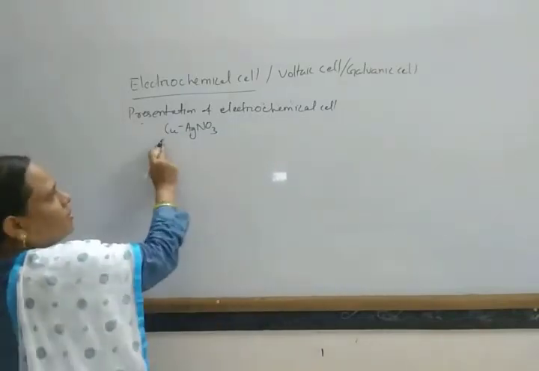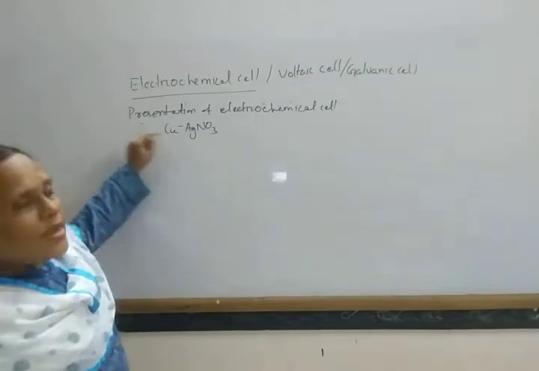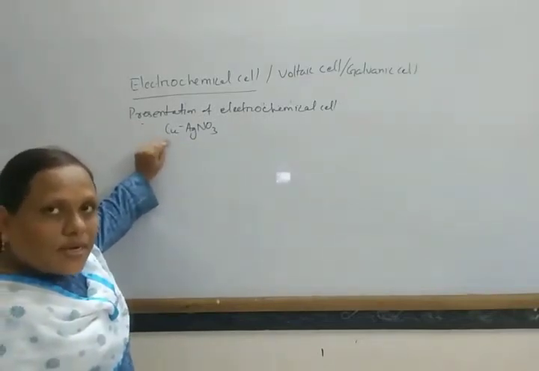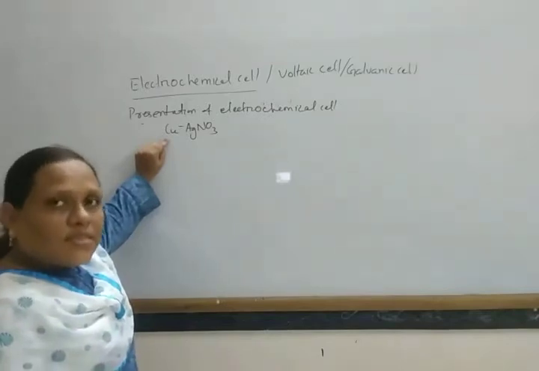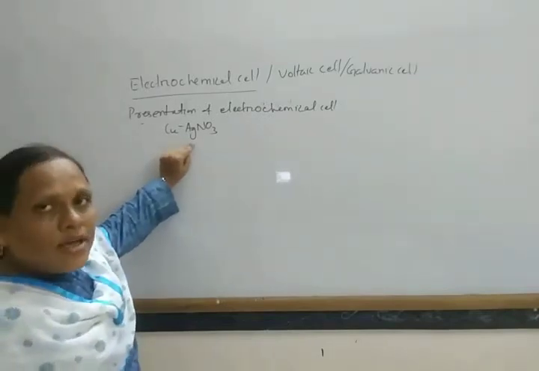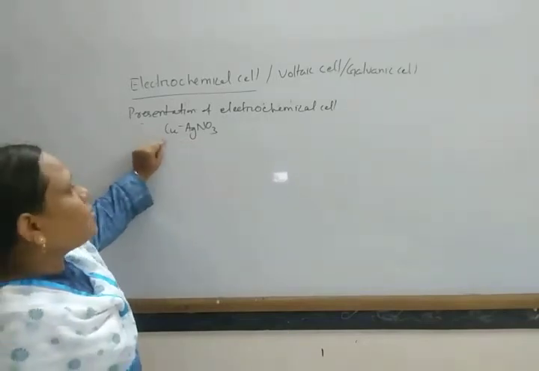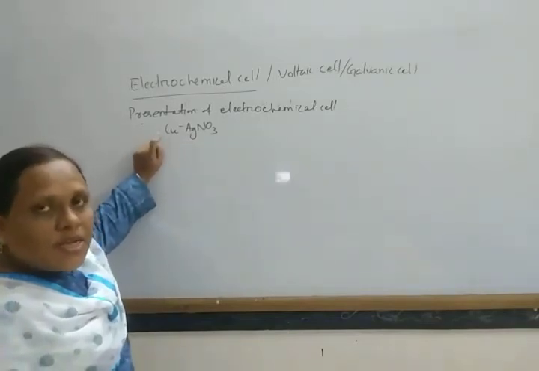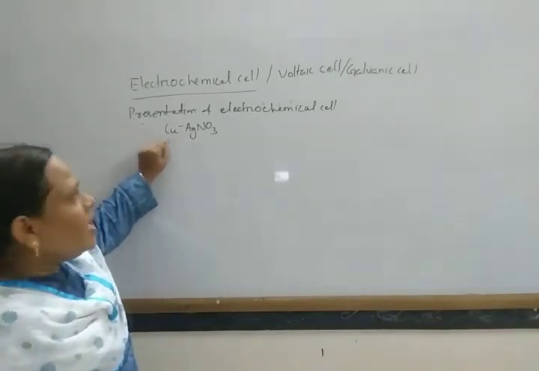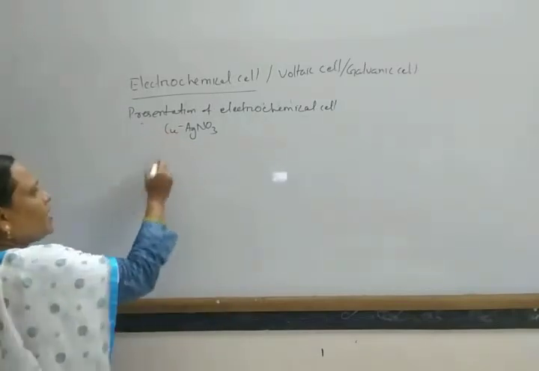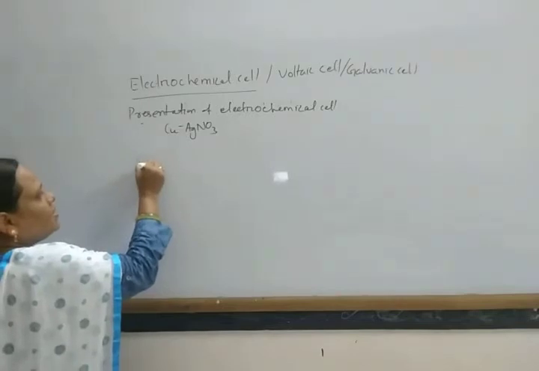Given copper and silver nitrate, we can know that in copper oxidation takes place, and in silver ion reduction takes place. So this is your oxidation half cell and this is your reduction half cell. How to represent this cell?